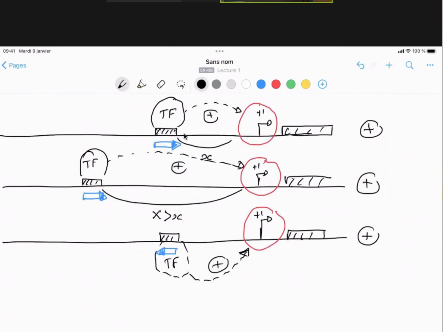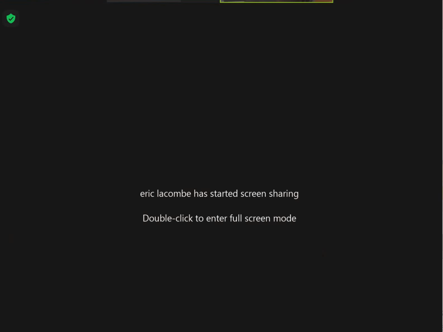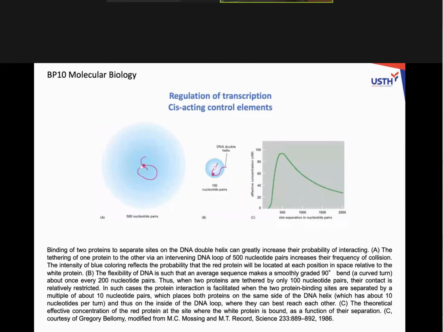So, as a general rule, the distance doesn't matter and the orientation doesn't matter. So that's theory. But in practice, there is something that has been modeled. No, sorry, it's not this one. Okay. So it's a little bit technical.